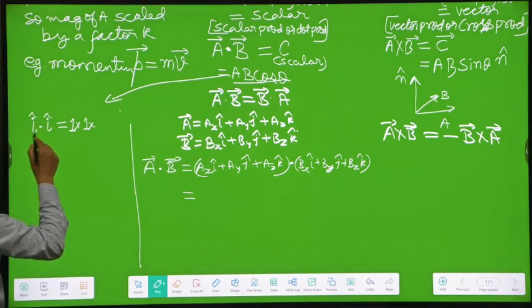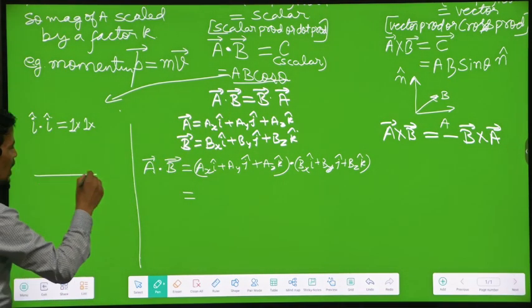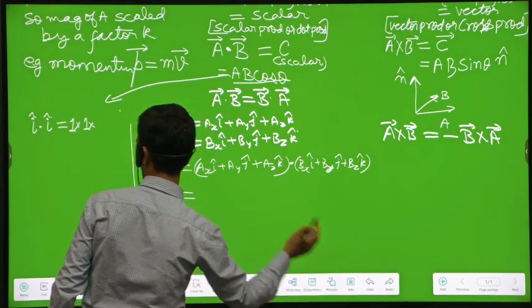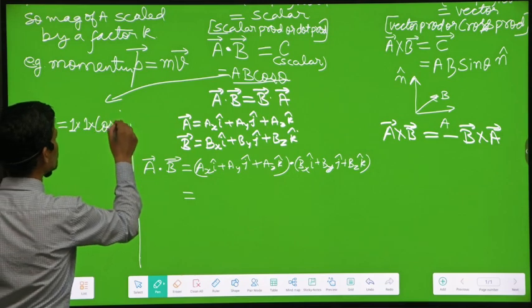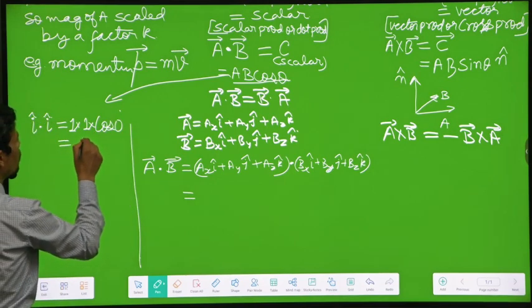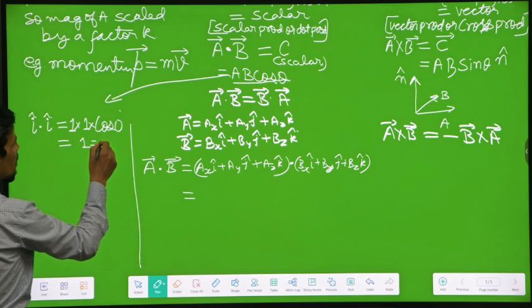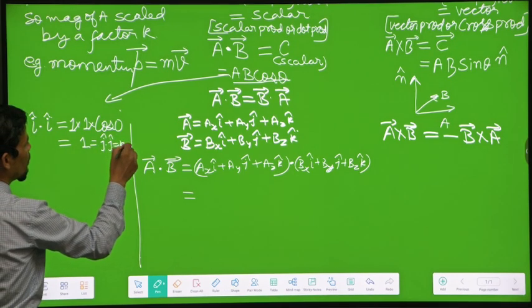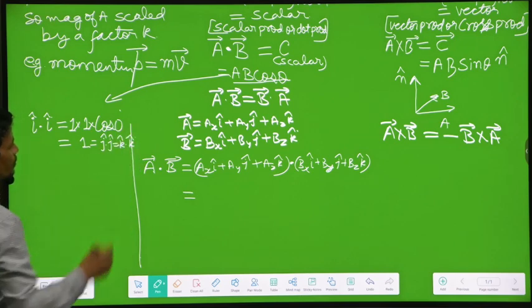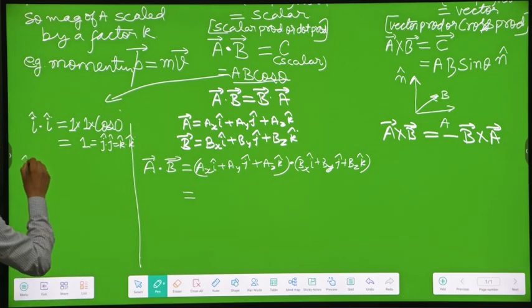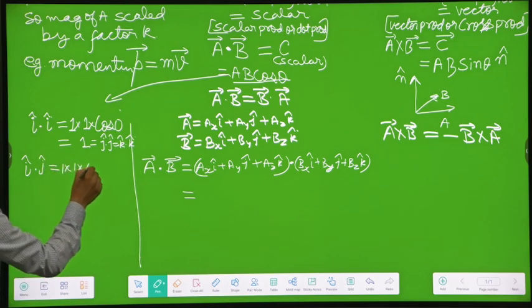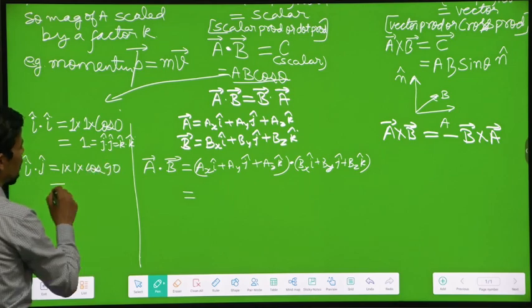What is the angle in between i with itself? i with itself, 0 degree. Cos 0 is 1. So i dot i is 1. Similarly, same will be j dot j and same will be k dot k. But what about i dot j? Again 1 into 1 into cos 90. Cos 90 is 0.